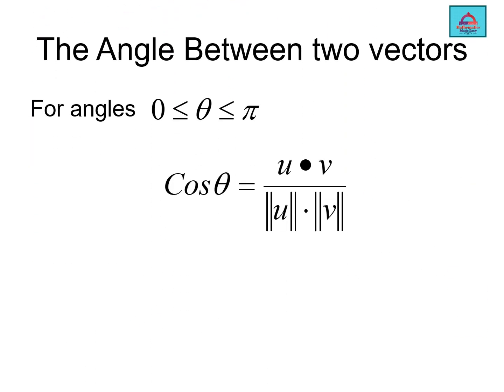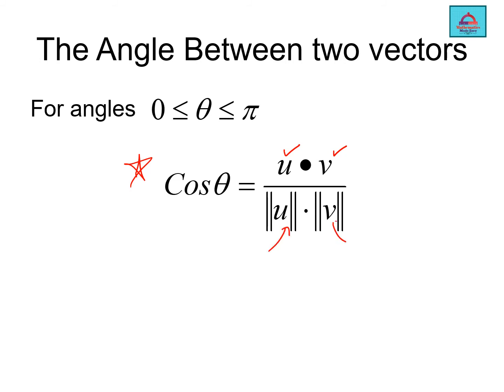Okay, so this is the formula I was talking about. Let's make it an important one. Cos of theta is, in the numerator, the dot product u dot v of the two vectors given to you in the question, divided by the product of their magnitudes. If the vectors u and v are given, you can easily find the dot product by what you've learned till now, and then divide by their magnitudes.